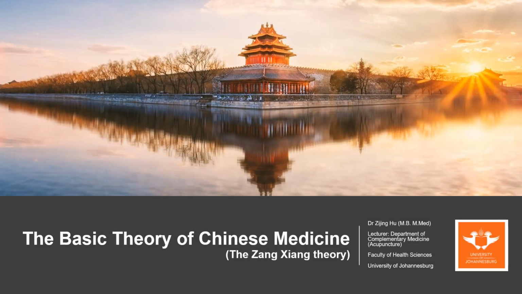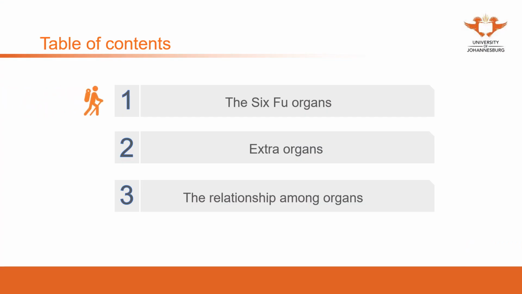Hello everyone. In this video, we are going to introduce a new category of the internal organs, the 6 Fu organs. So in previous videos, we have introduced the internal organs in the Zang Xiang theories. We divided the internal organs into the 5 Zang organs, the 6 Fu organs, and extraordinary organs.